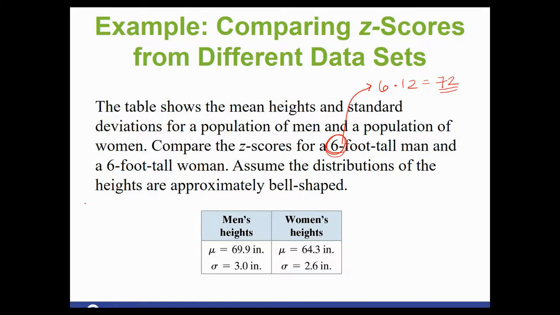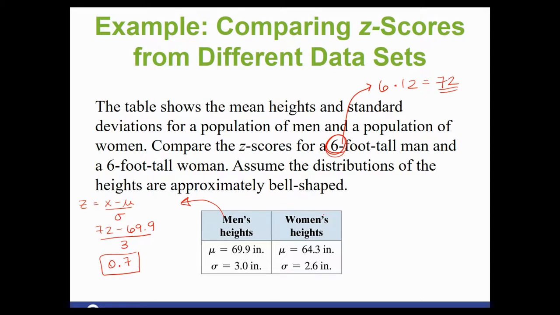So if we use the same z-score formula, x minus mu over standard deviation, we've got 72 minus, and we'll do men first, 69.9 divided by 3. So when you subtract, then divide, we get 0.7. Not that far off. It would be reasonable to see a man who is 6 foot tall.